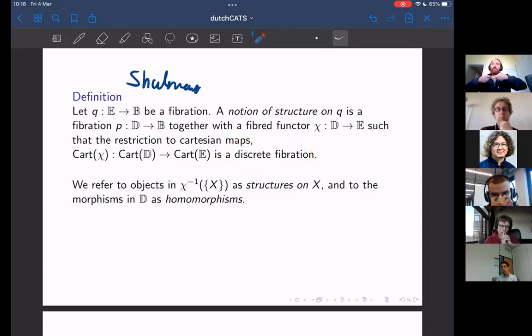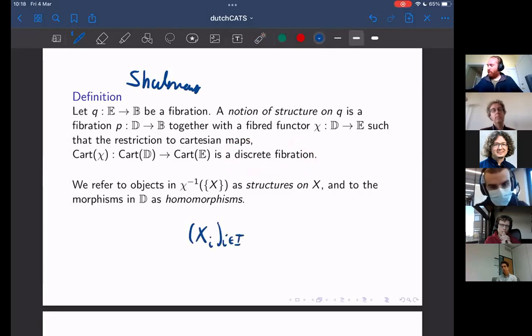So then discrete fibration says that whenever we have our family of objects, x_i, and then we index this along some map from j to i, then we have a structure on x_i.